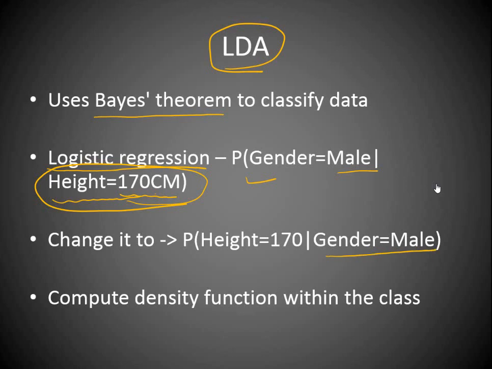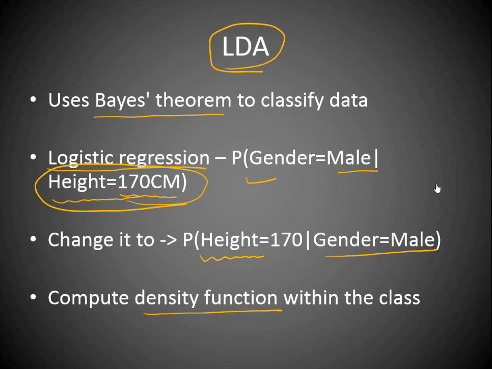Now the explanatory variable height will have different type of distribution for male and female, right? So it finds out the density function for height differently for male and female, and then uses this density function in finding out the posterior probability, and using the posterior probability it classifies the data into two or more categories.